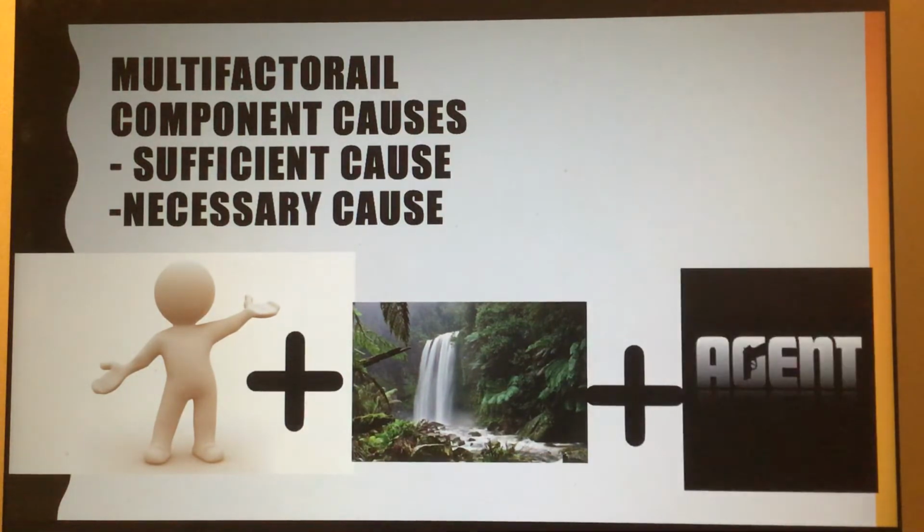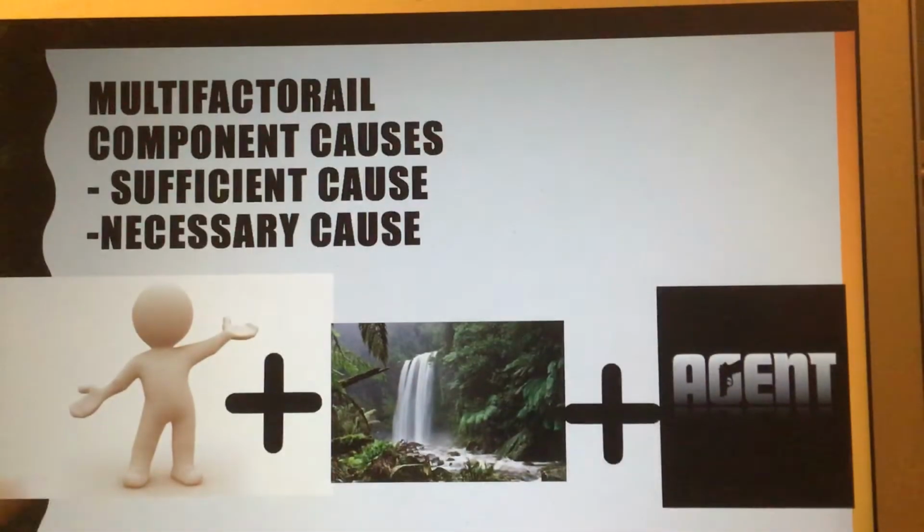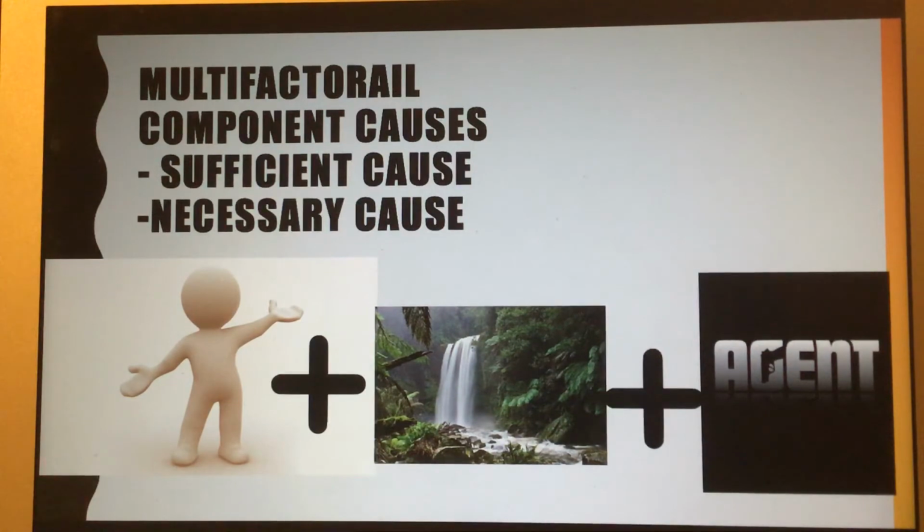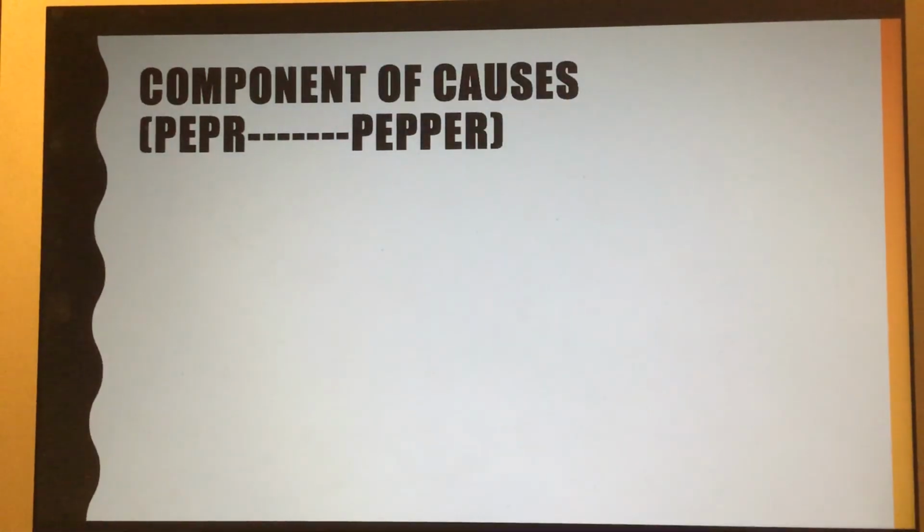So we look into the components of causes that cause these multifactorial diseases. First, we include the host, the environment, and the agent. So these three things are the components of causes. Okay, so component of causes divides into two types. One is sufficient causes, the other is necessary causes.